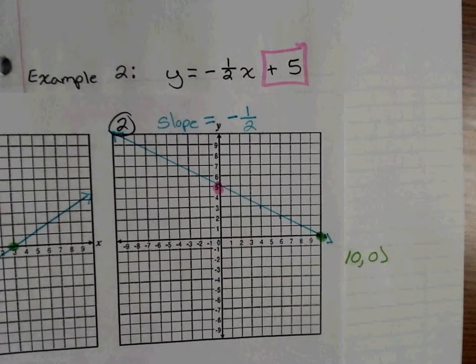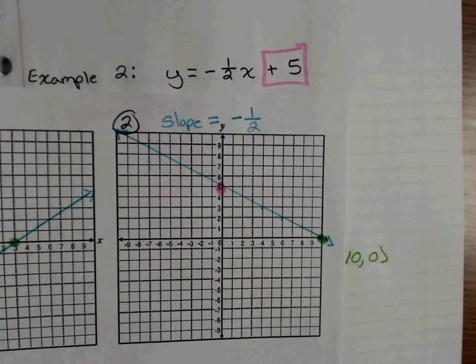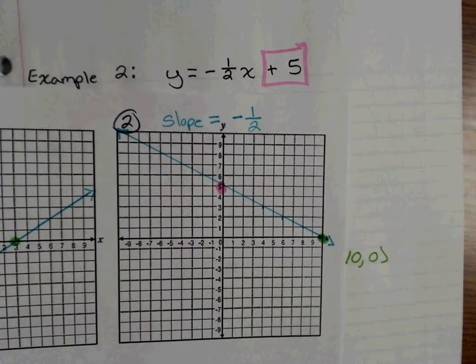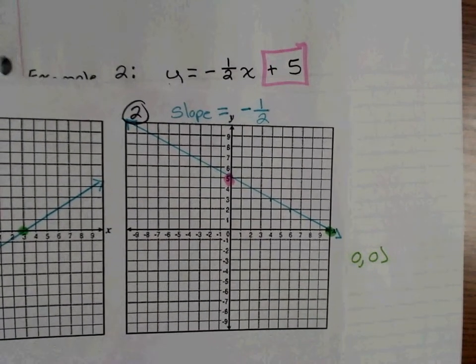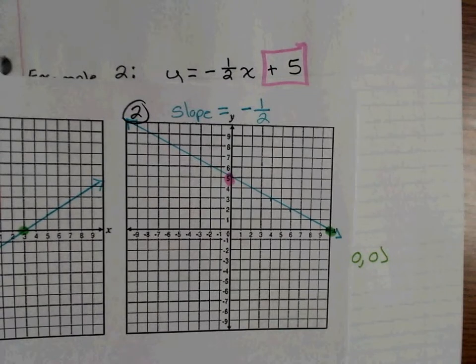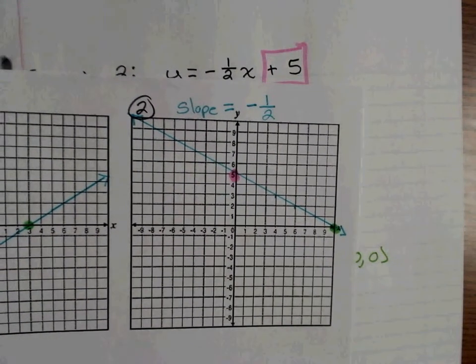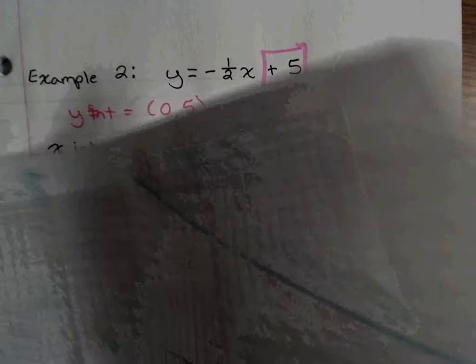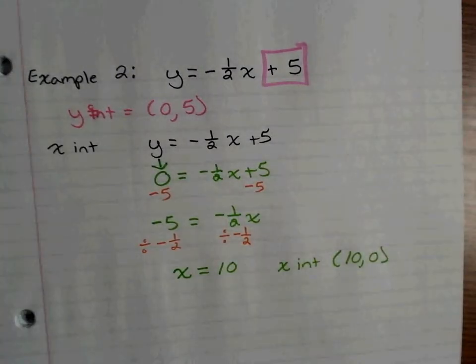Let's take a look at another example. This time, instead of having them already in slope-intercept form, you're going to have them in standard form.